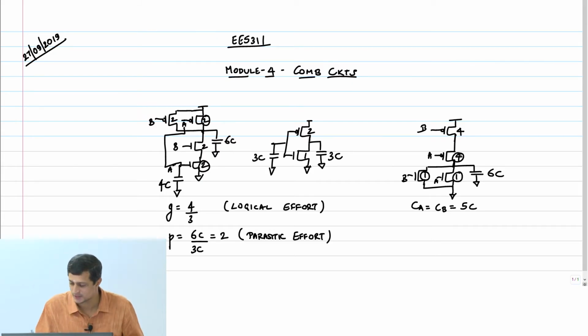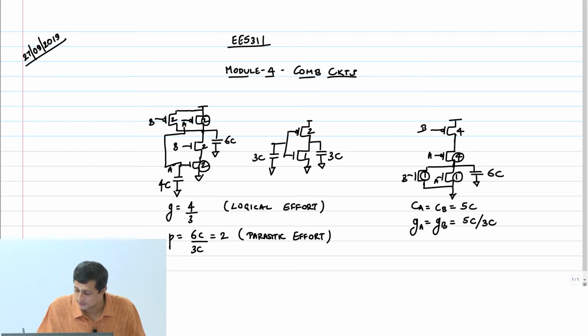So the logical effort G, remember, can be different for different inputs. In these cases they just happen to be the same. GA equals GB equals 5C divided by 3C, that is 5 by 3.